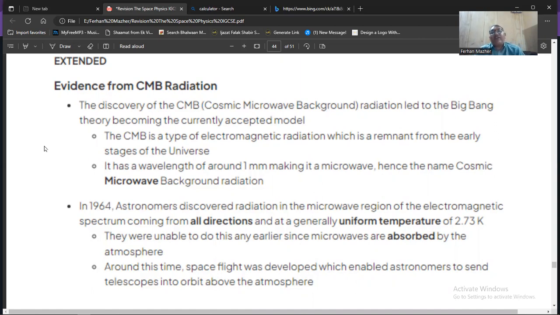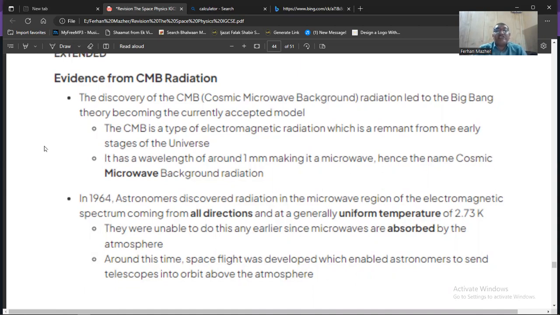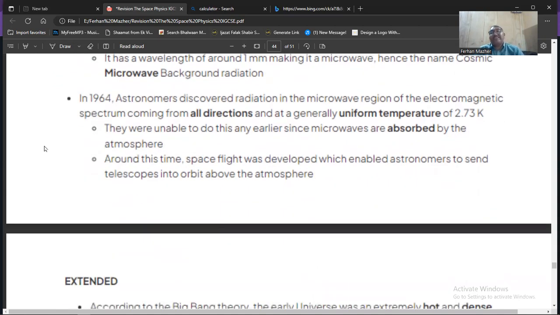It has a wavelength of around 1 millimeter, making it a microwave, hence the name cosmic microwave background radiation. In 1964, astronomers discovered radiation in the microwave region of the electromagnetic spectrum coming from all directions and at a generally uniform temperature of 2.73 Kelvin.